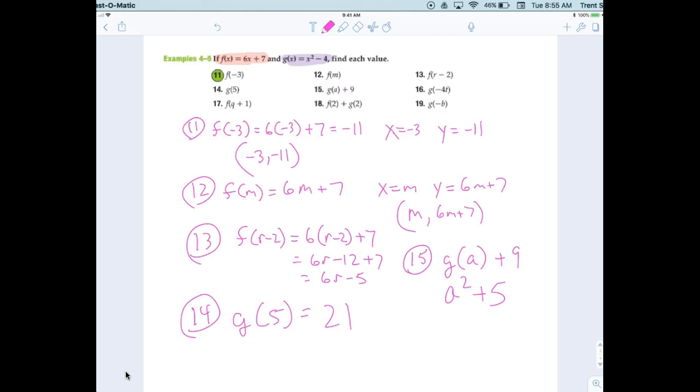You plug in a, and then you add. So let's see. I plug in a, and I get a squared minus 4, and then I add 9. You don't need to tell anybody. You just got to say if you understand. Does everybody understand that now? Yes. Right, you plug in a, and then you add 9.